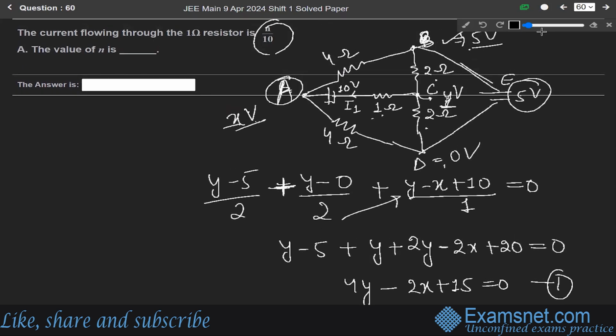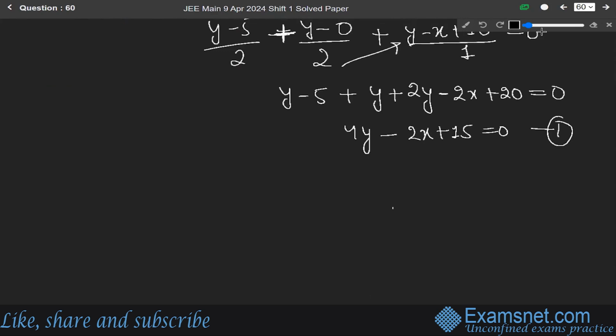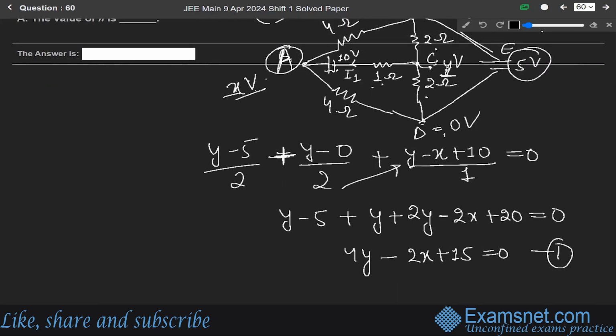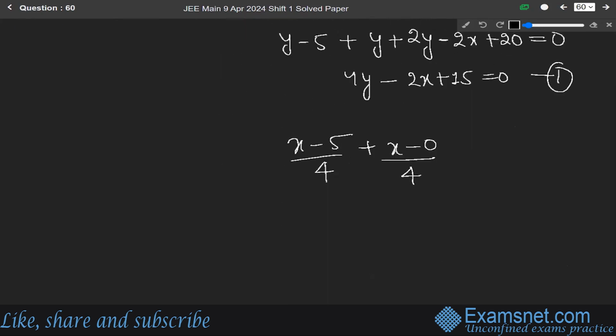Now for this X, we write X minus 5 over 4 plus X minus 0 over 4 plus X minus 10 minus Y over 1 must be equal to 0.